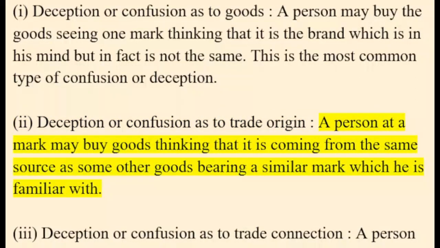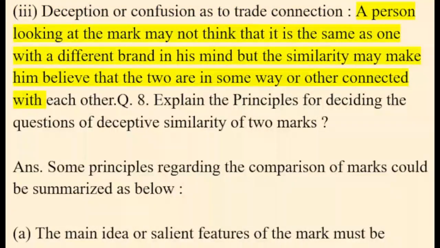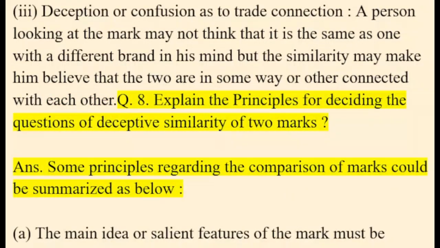A person looking at a mark may buy goods thinking that it is coming from the same source as some other goods bearing a similar mark which he is familiar with. III. Deception or confusion as to trade connection. A person looking at the mark may not think that it is the same as one with a different brand in his mind, but the similarity may make him believe that the two are in some way or other connected with each other.